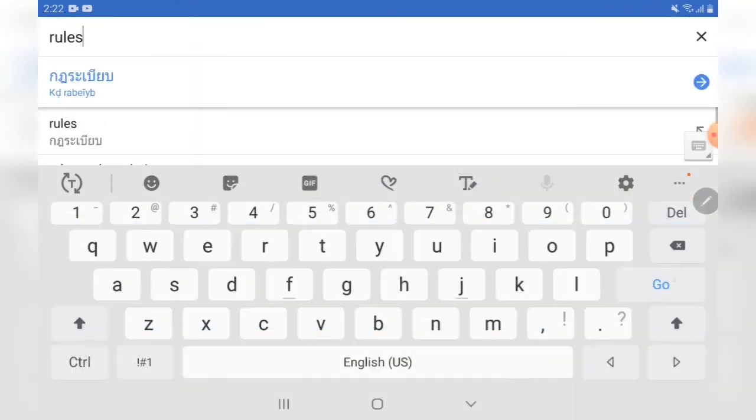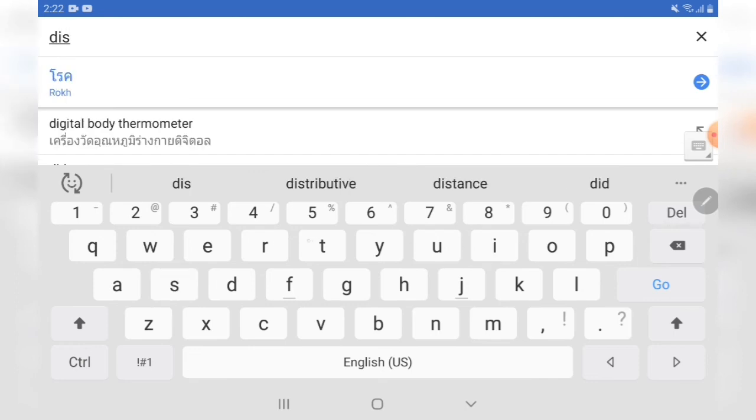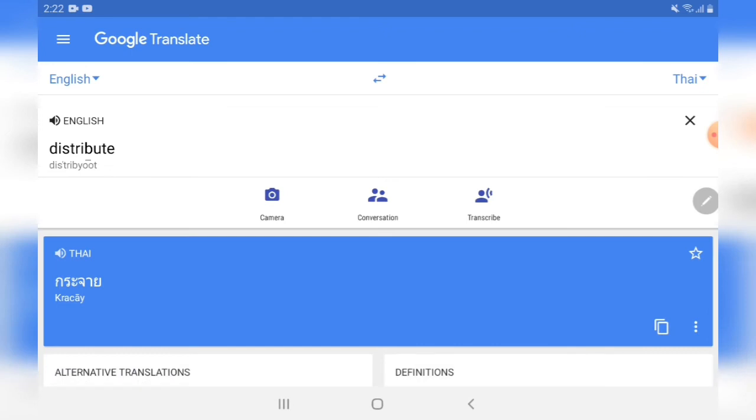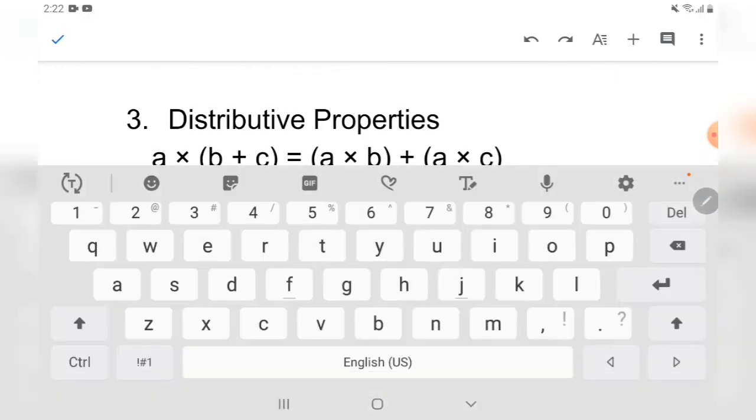What is distribute in Thai? Okay, distribute. กระจาย. Okay, krajay. So you distribute.